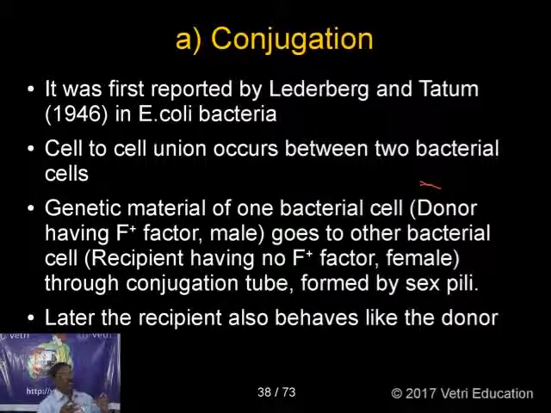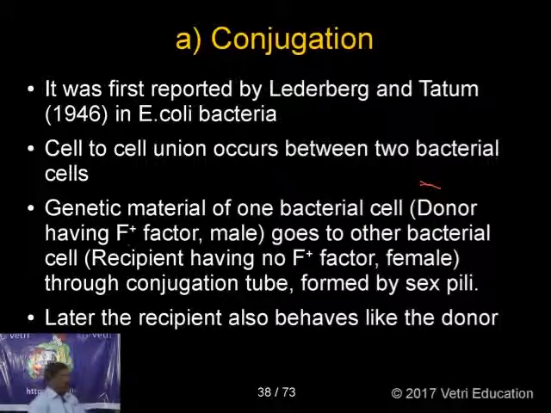With the help of the sex pili, two bacterial cells come together, and then the genetic material of one bacterial cell, actually this genetic material is the F factor, or F plus factor, or fertility factor, that is found only in the male bacterium, in the plasmid, and it is attached to the other cell. A copy of this DNA passes through the conjugation canal from one cell to another cell.